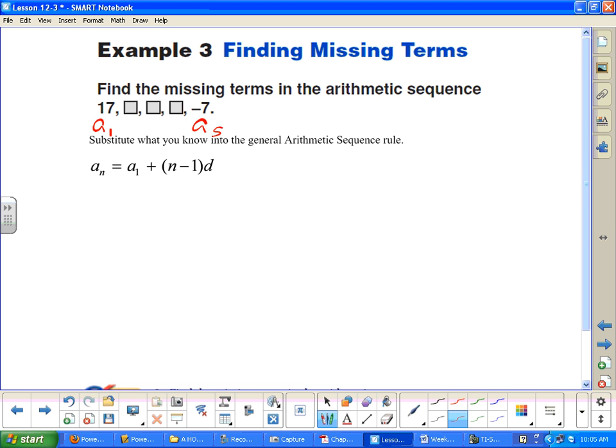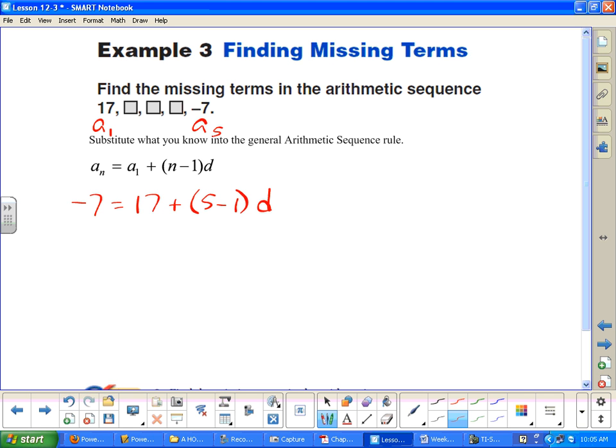Do we know what n is? n represents the number of terms, so n in this case would be 5. So if I put negative 7 in for a sub n, 17 in for a sub 1, 5 goes in for n, then I could solve this equation and find d.